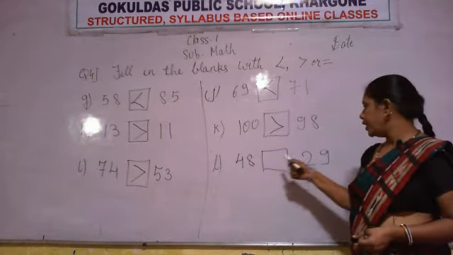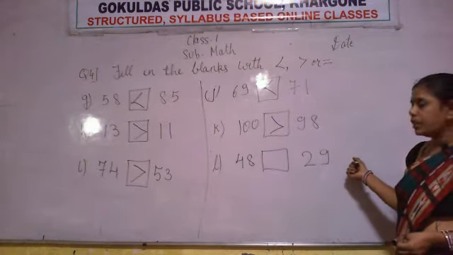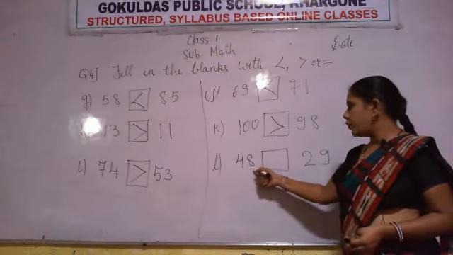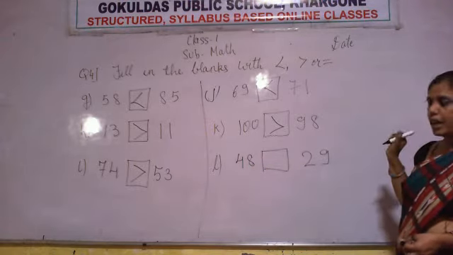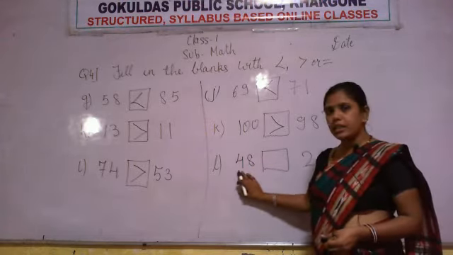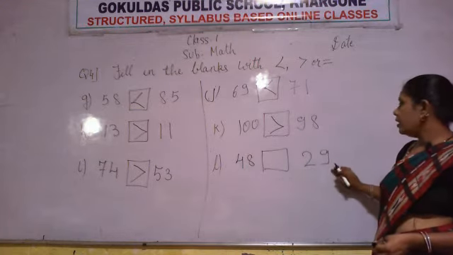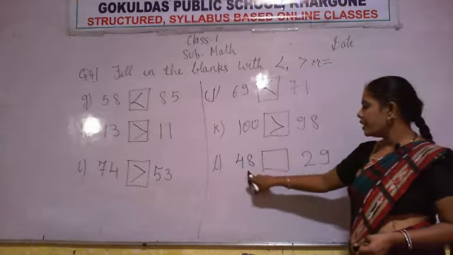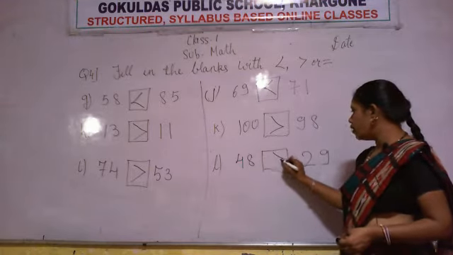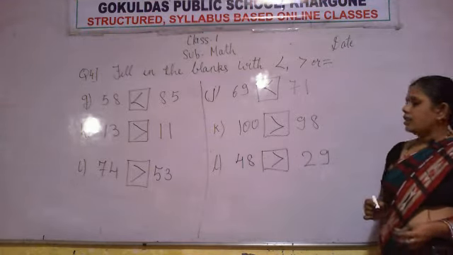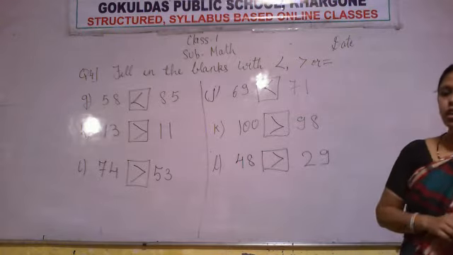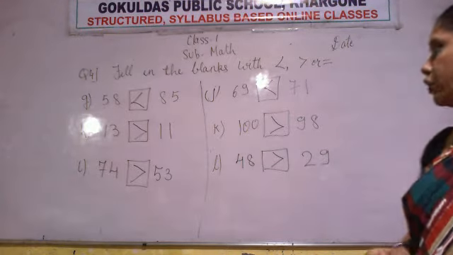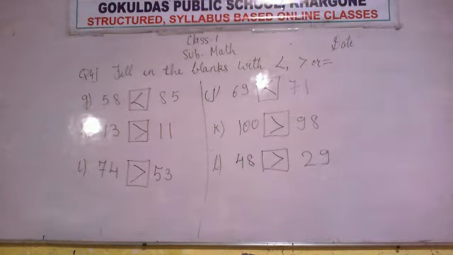The numbers are 48 and 29. Compare: 48 is the bigger number and 29 is the smaller number. So the sign of greater than will come. Those who have not done, write fast from the board, copy correctly.